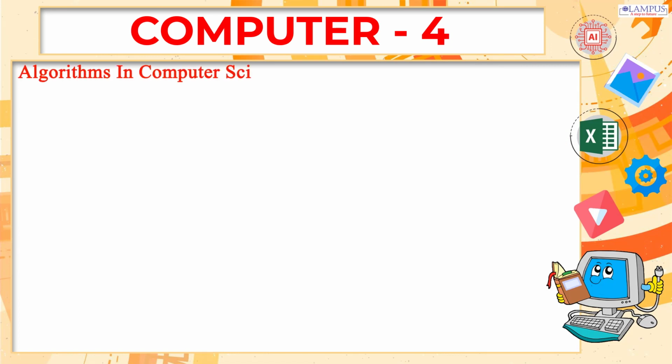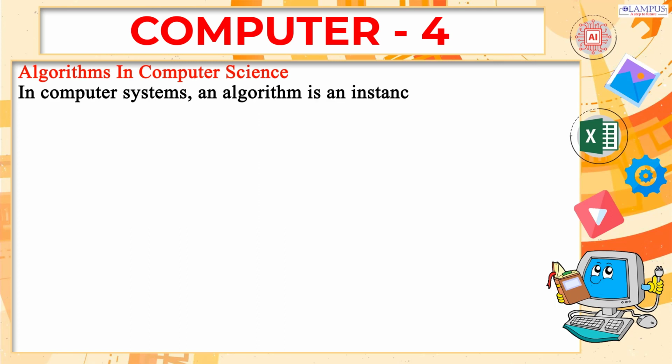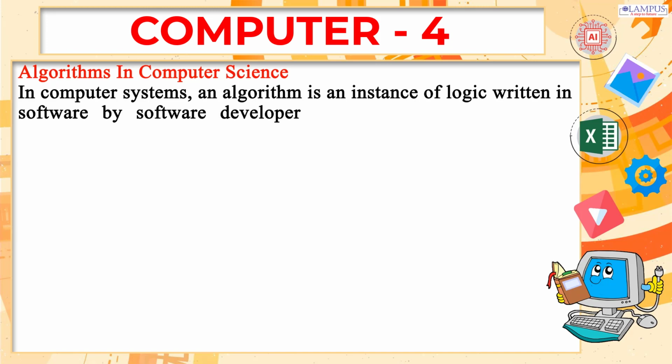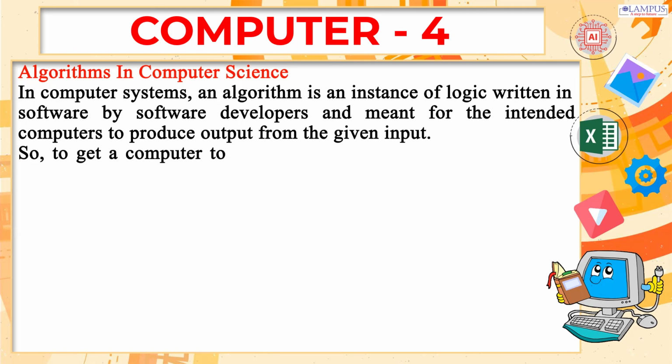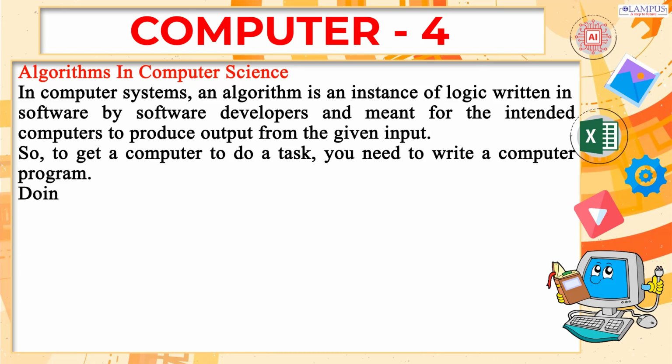Algorithms in computer science. In computer systems, an algorithm is an instance of logic written in software, by software developers and meant for the intended computers to produce output from the given input. So, to get a computer to do a task, you need to write a computer program.